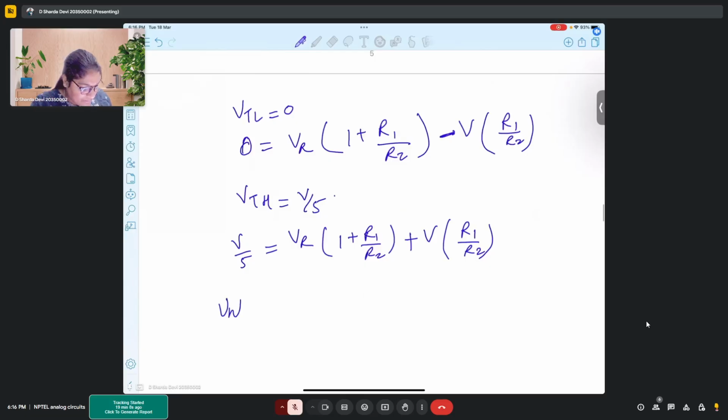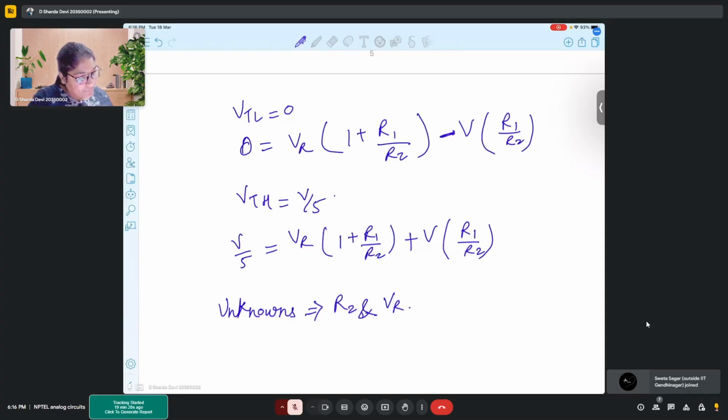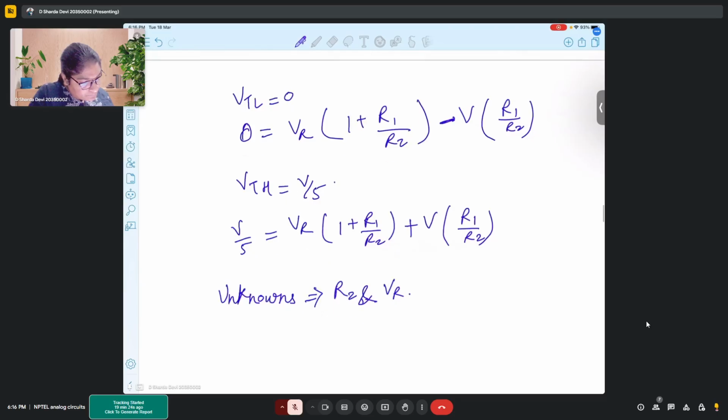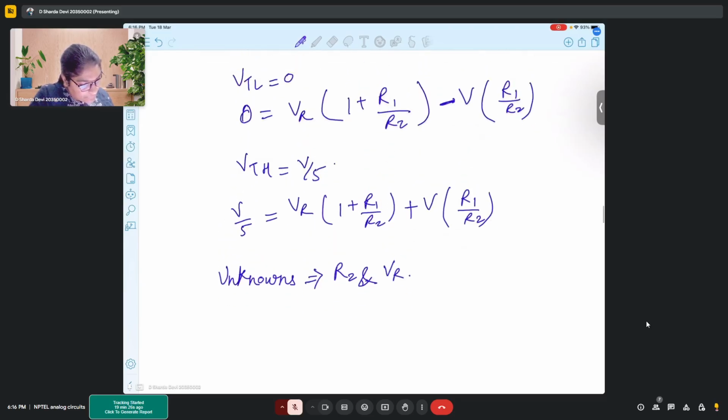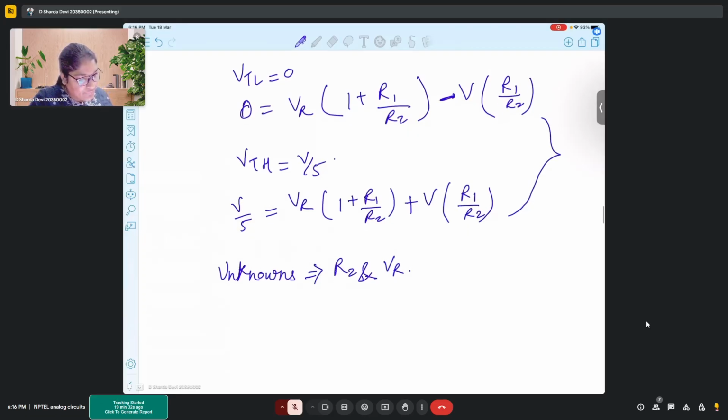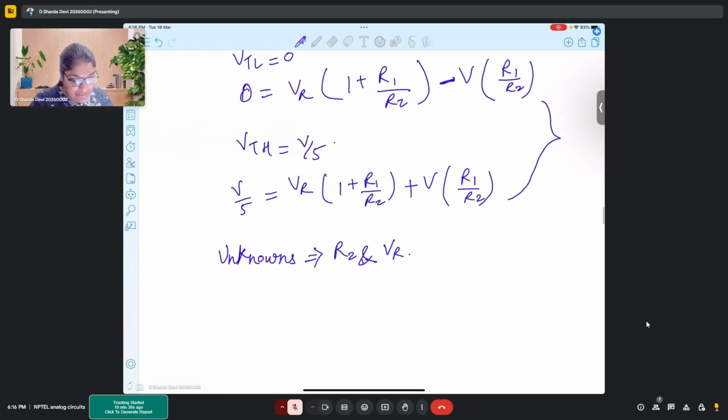Now here the unknowns are R2 and VR, right? We need to solve these two equations to find the value of R2 as well as VR. So let's do that.